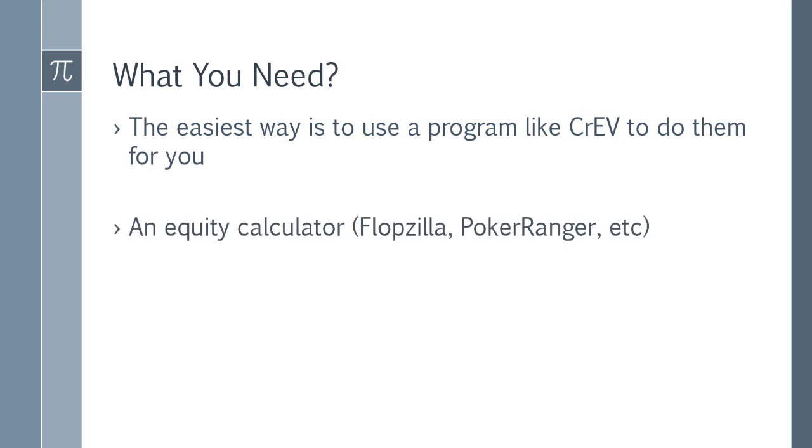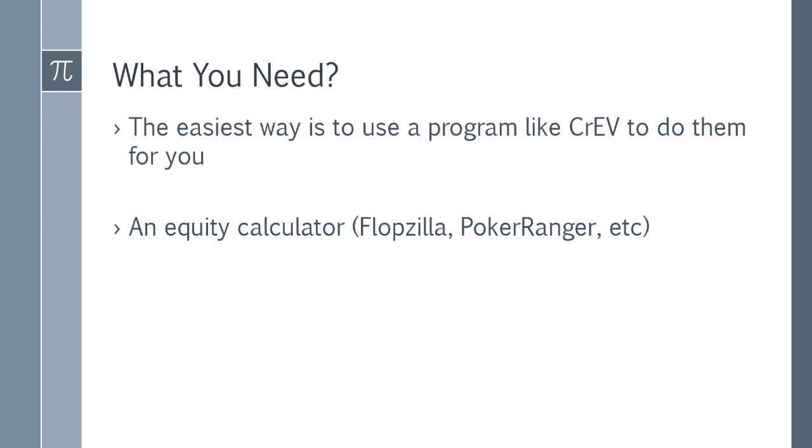If you are doing them by hand, for really difficult, complex ranges, you're going to want to have an equity calculator. It's going to make things a lot easier for you and save you a lot of time versus counting all the combos and breaking everything down yourself. And it's going to save you from potentially making mistakes when you're counting those combos. So you can get a program like Flopzilla that has a built-in equity calculator.